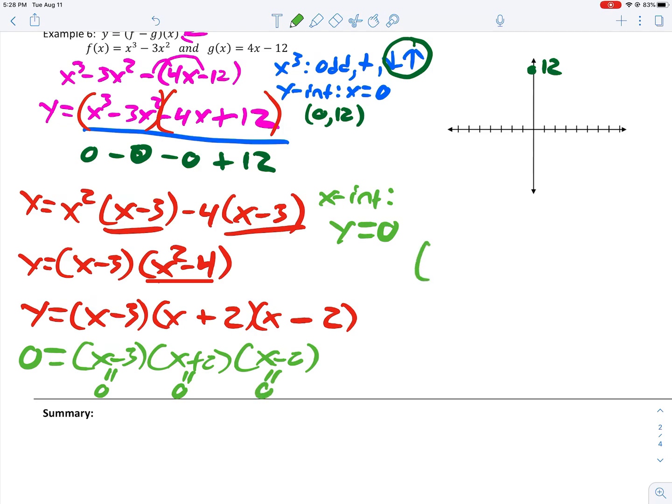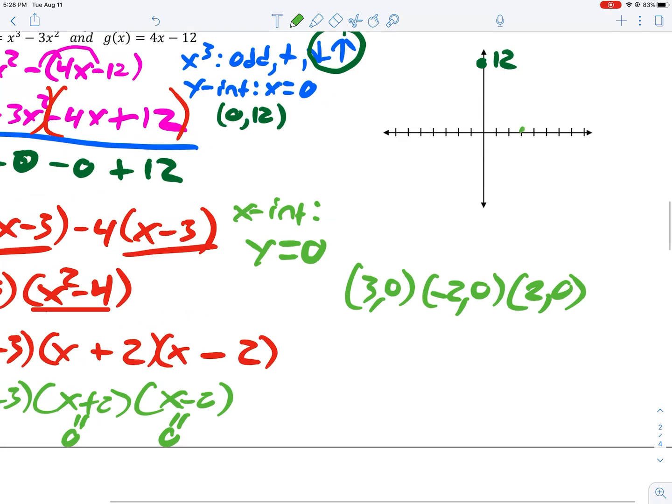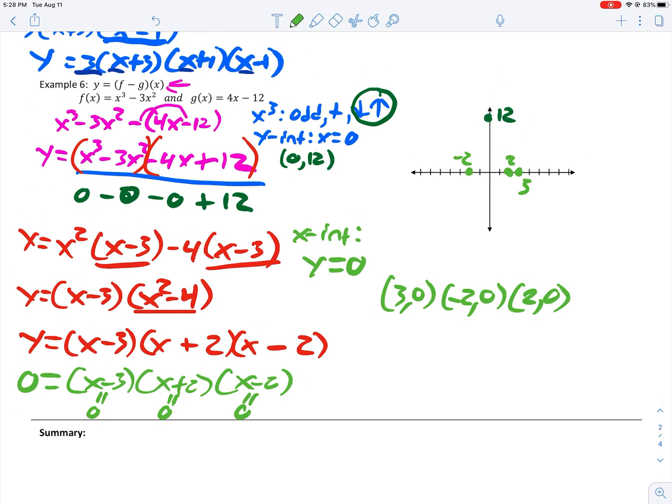So my x-intercepts would be 3, 0, negative 2, 0, and 2, 0. So 3, 2, and negative 2. And notice each one of those factors only occurs one time. So that tells me that at all three of those green dots, my graph will pass through. If it would occur twice, then it would bounce off.